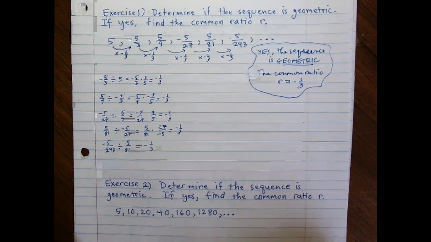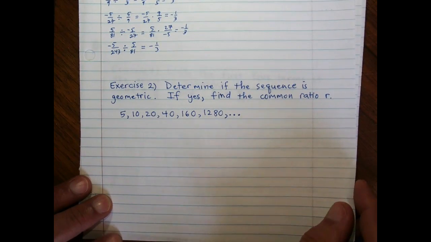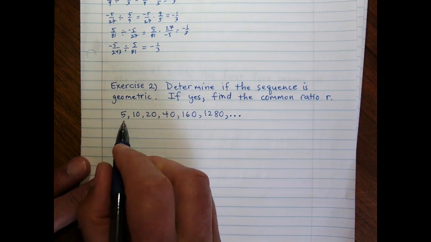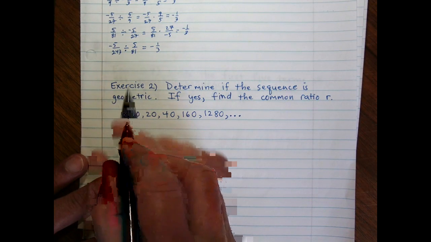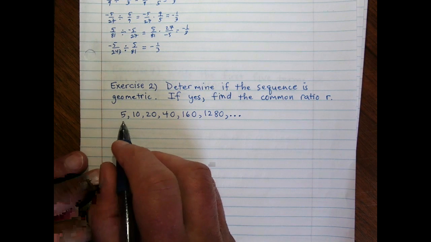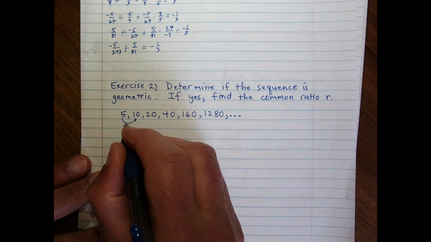All right, let's go ahead and do another exercise. Now let's look at exercise 2, determine if this sequence is geometric. And since I'm being nice to us here because our fractions were so ugly in that previous one, here I'm just asking myself 5 times what is 10?